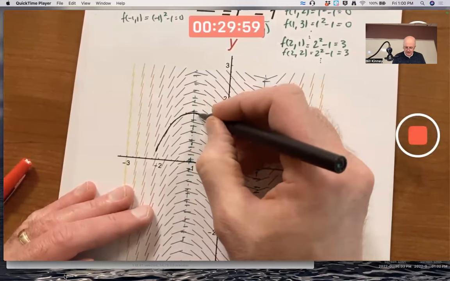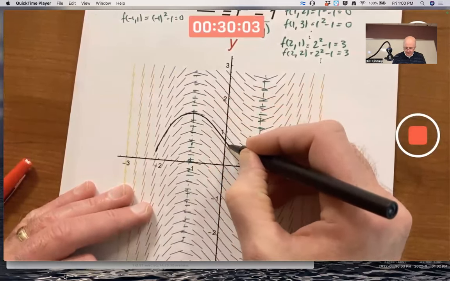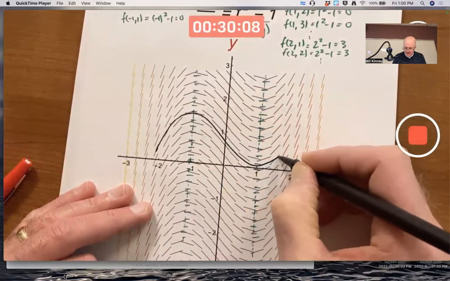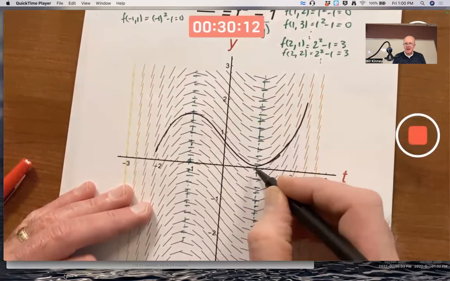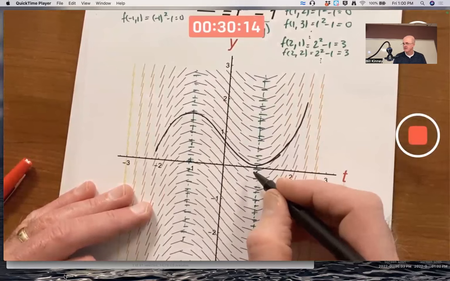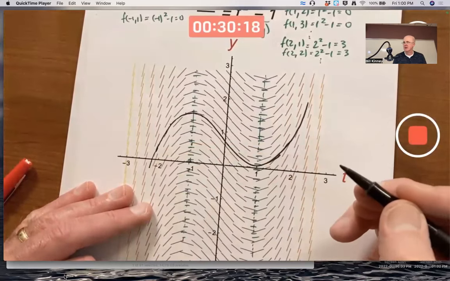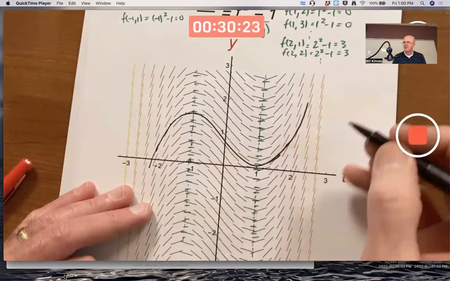And then the slope has to become negative. It's got to look approximately like this. Will it cross the t-axis there or not? I don't know. I can't draw it perfectly. Doesn't matter much. We're after the shape of the graph.